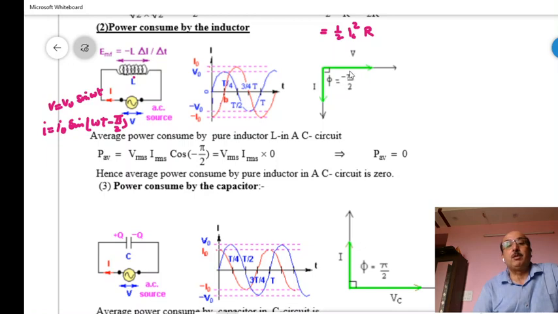It means voltage is leading by current by pi by 2. So the power factor comes out cos phi is equal to cos minus pi by 2.